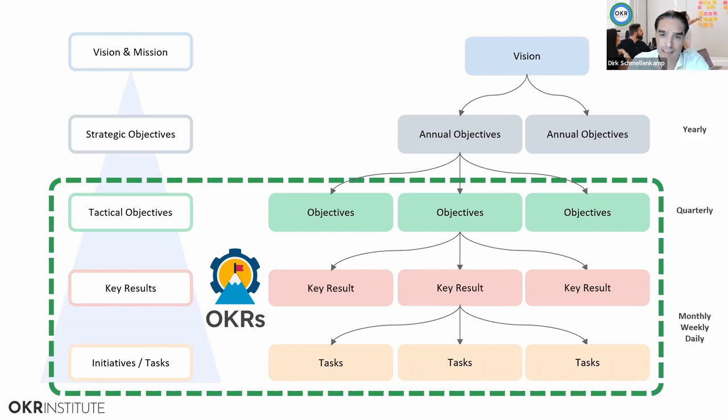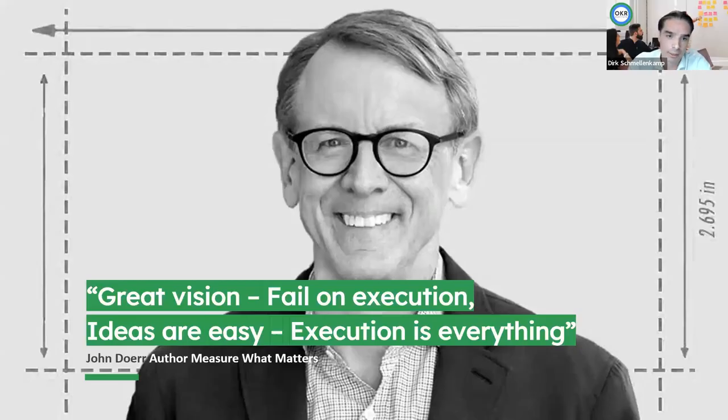As you can see, the execution plan is very important. John Doerr, who introduced OKRs to Google, said: create vision, fail on execution. Ideas are easy, execution is everything. In my business, I have to sign a lot of NDAs because companies share their strategies with us.